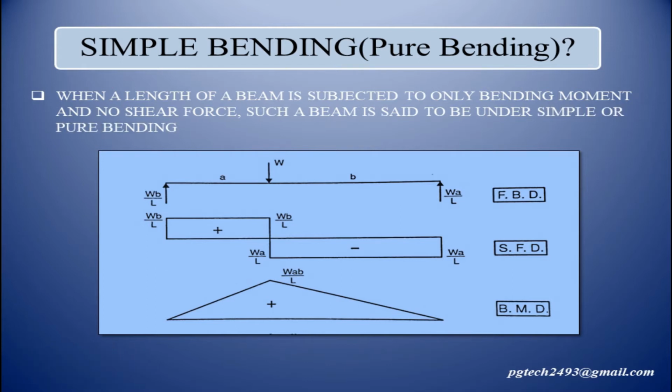In a simple bending situation, the stresses so produced will be only due to bending moment. The derivation of the relation for calculation of the bending stresses is based on the assumptions that the beam is under simple bending.